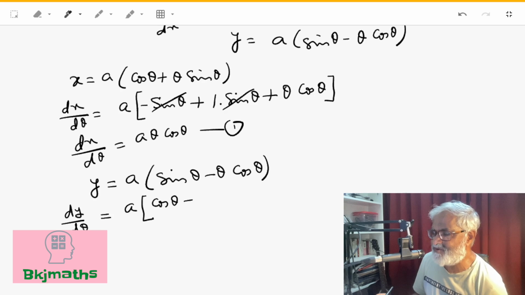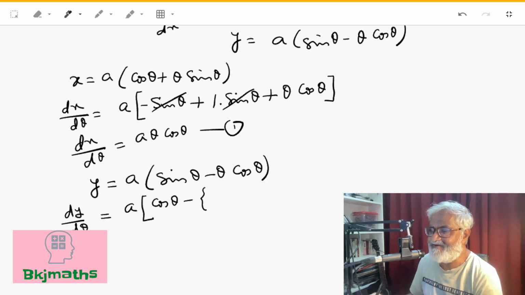There are two functions, one is theta and the other is the trigonometric function cos theta. Here is minus, so keep it in mind, use a bracket. Now apply the product rule. Differentiation of theta is 1 and keep cos theta as it is, plus theta as it is and differentiate cos theta, which is minus sin theta.